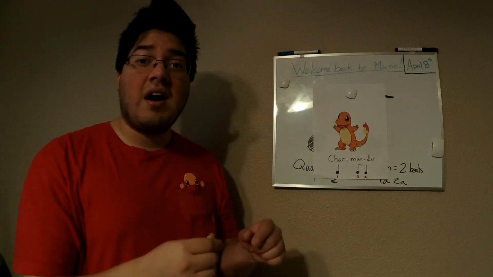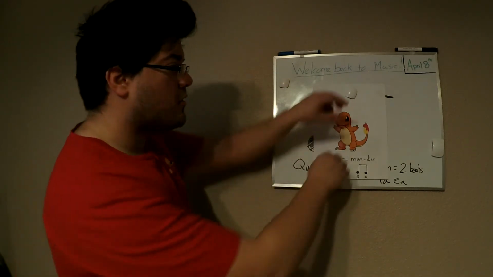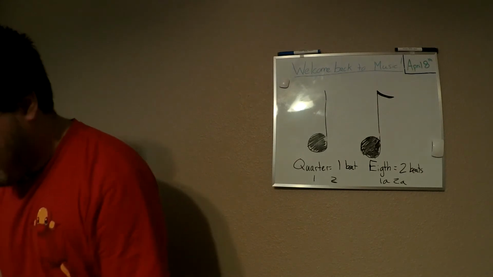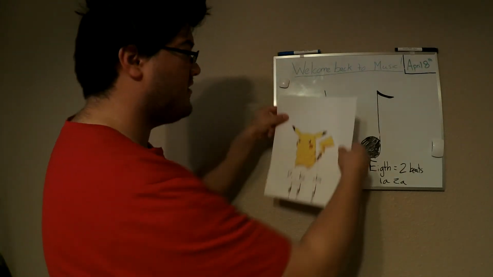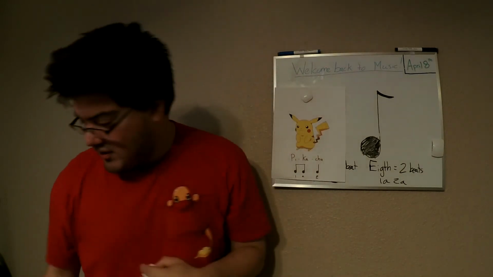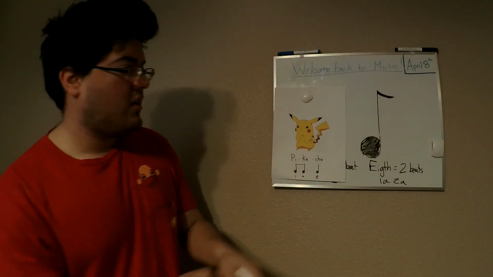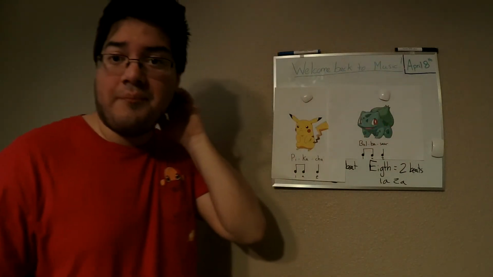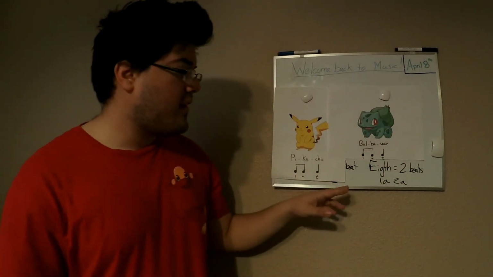Okay, so moving on. Now we're going to bring two new Pokemon friends into the mix. The first one I'm sure you'll recognize is, that's right, Pikachu. And then the second one we'll also bring up is Bulbasaur. Now, I want you to look at something very specifically.